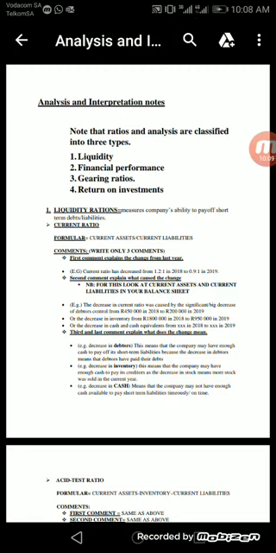Explain what caused the change. Guys, when you're doing these things, current ratio and acid test ratio, it's important to look into your balance sheet or your trial balance. You are looking for the current assets and your current liabilities. You want to know what caused the change. Why did the current ratio decrease from 1.2 to 0.9 from last year to this year?